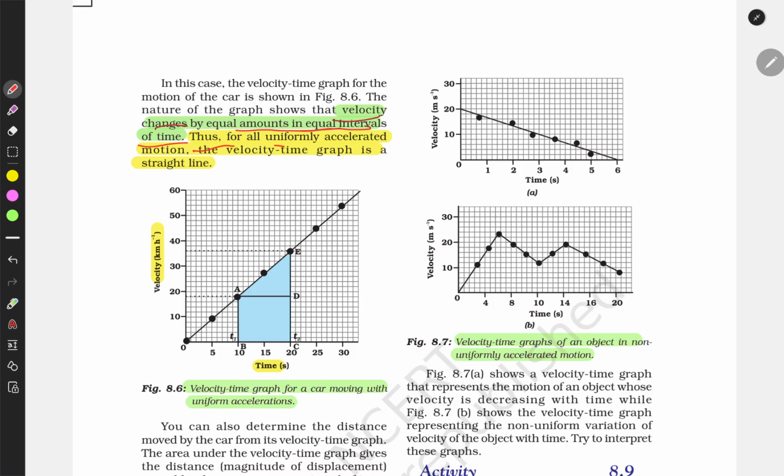Thus for all uniformly accelerated motion, the velocity-time graph is a straight line. Earlier we studied a similar graph, the distance-time graph, in which the speed is constant. Now we are discussing the velocity-time graph, where the velocity is this straight line, and this shows the acceleration is uniform.